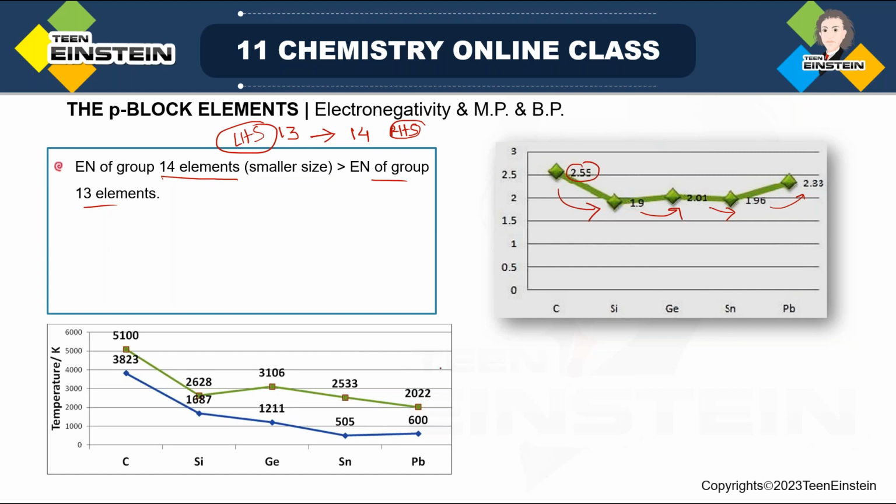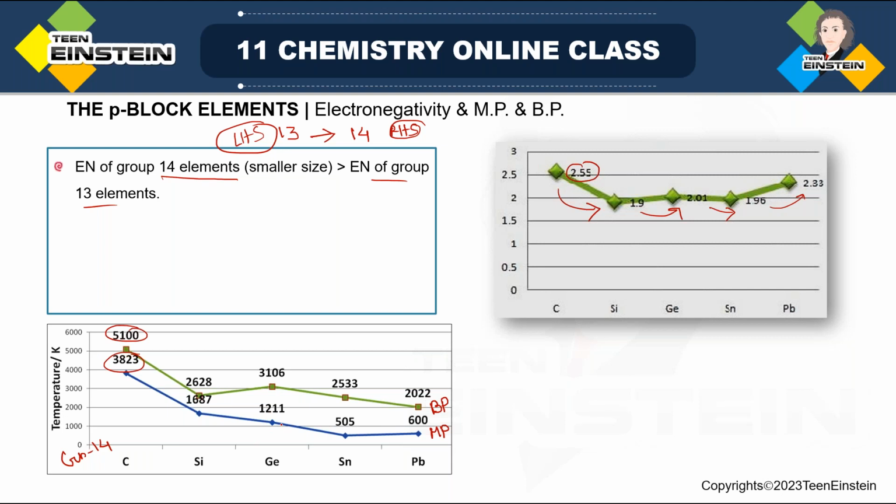Then we will see the melting point and the boiling point for group 14. Here the blue line is for melting point and the green line is for boiling point, both for group 14. For carbon, these values are very high, and down the group, though it is not smooth, there is an overall decrease.